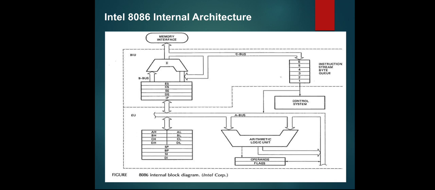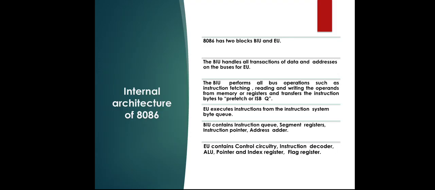Let us look into the execution unit. It contains general purpose registers, stack pointer, base pointer, index registers, and also the arithmetic logic unit, flag register, and control unit. These are the various blocks present in both the bus interface unit and the execution unit. Now let us look into their functions.